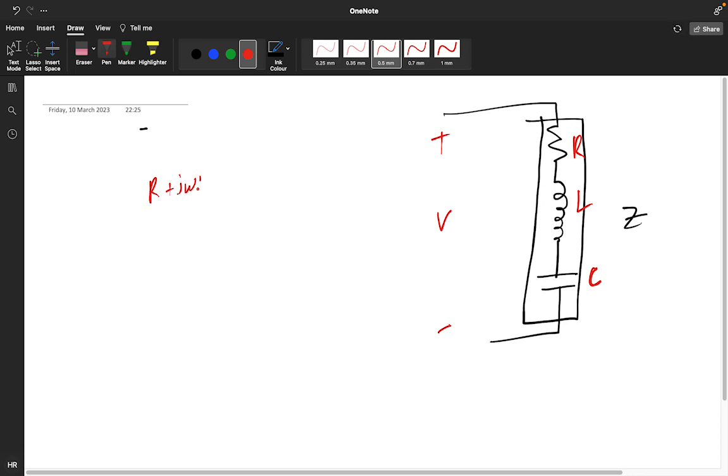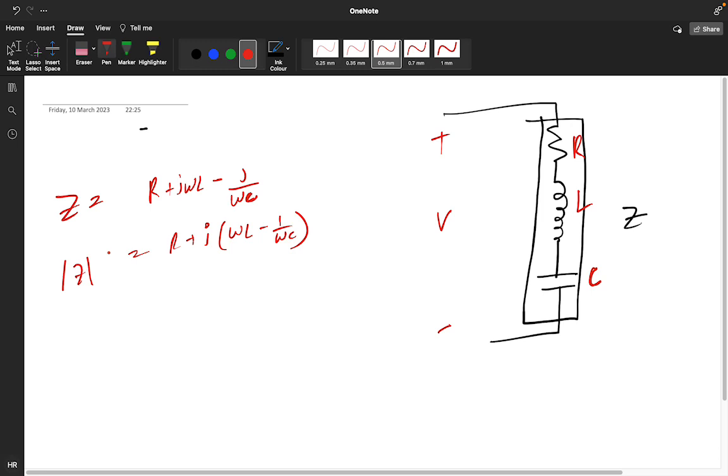R plus j omega L minus j by omega C. This is your Z. Or you can take R plus j common, omega L minus 1 by omega C. Right?